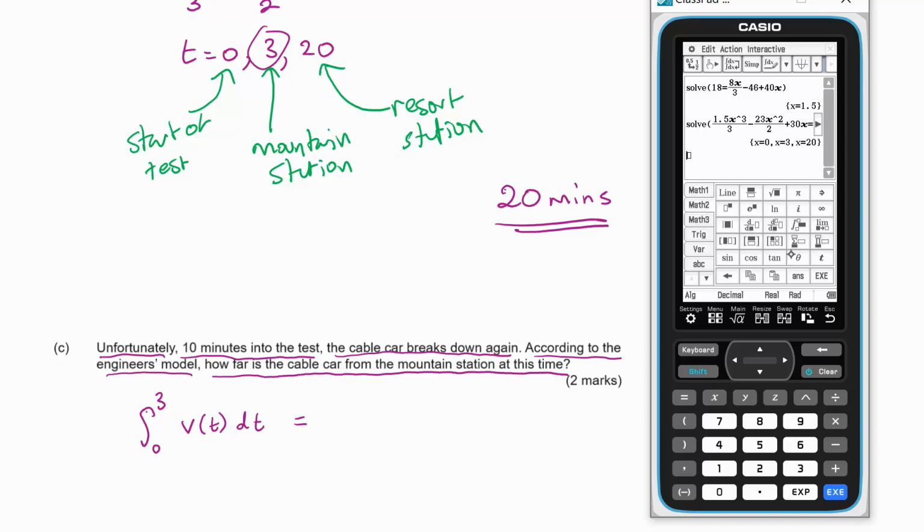So I want to do the integral from 0 to 3. I've got the velocity just there. Let's just drag that in there. And let's do that, and that's 41.625.